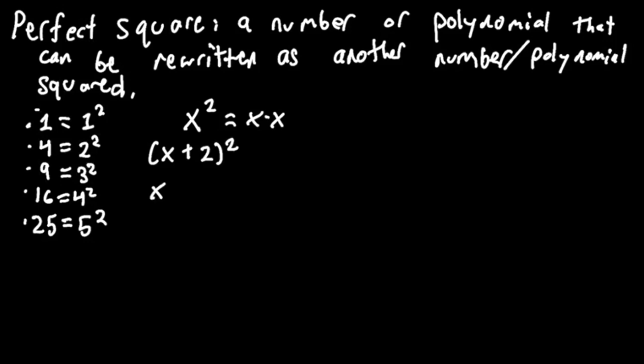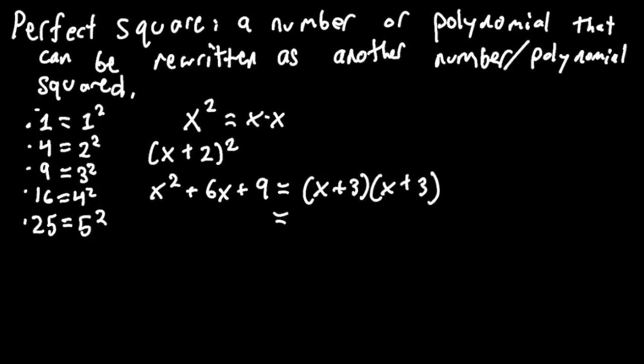So if we had x squared plus 6x plus 9, this is also a perfect square because when we factor this, we can rewrite this as (x plus 3) times (x plus 3), which is just (x plus 3) squared. So here we have some examples of polynomial perfect squares.